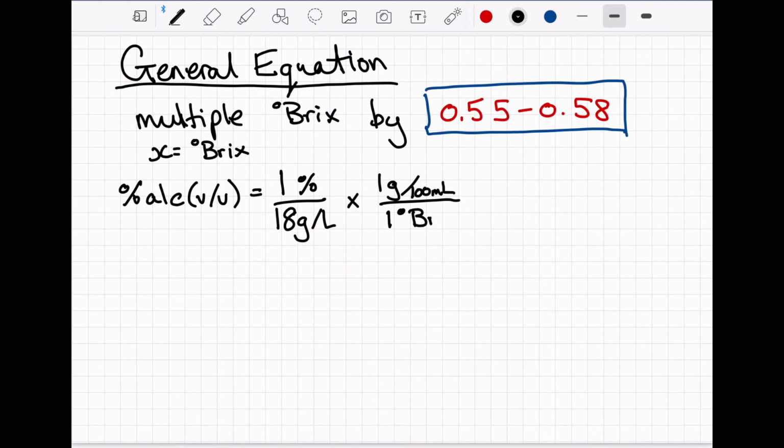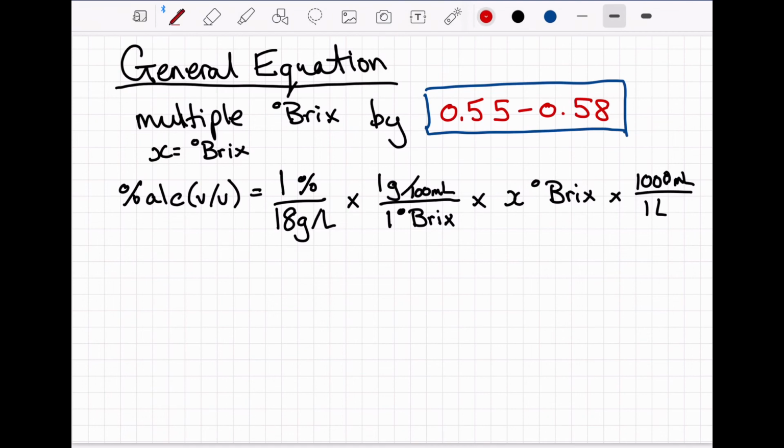Just bear with me here. And multiply that by our X degrees Brix, whatever the degrees Brix happens to be of our juice. The last thing we need to do is clean up this 100 milliliters to get it into liters. Really, what we just did here is combine the two calculations together.